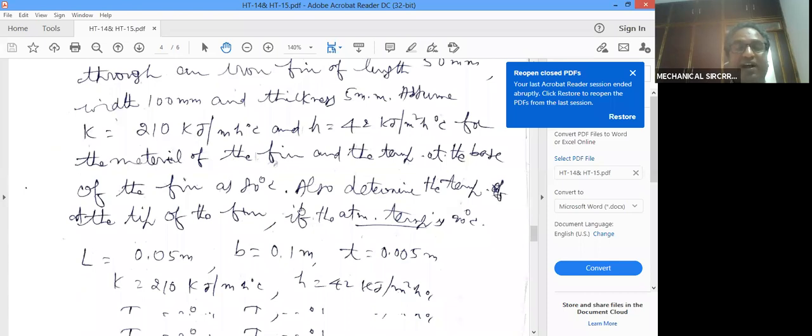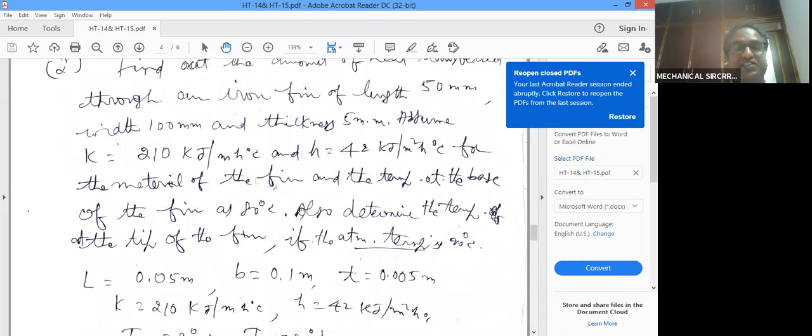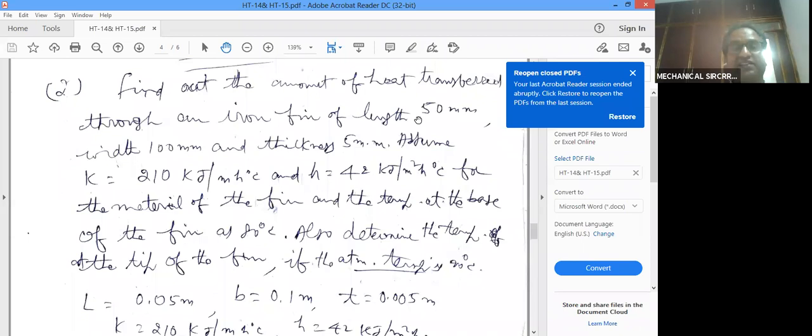You have to assume that the fin is insulated, even though it is not mentioned here. If nothing is mentioned, observe the given data carefully and decide depending upon the length of the fin.